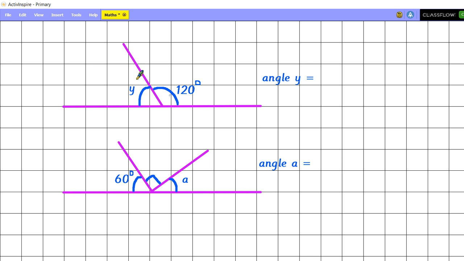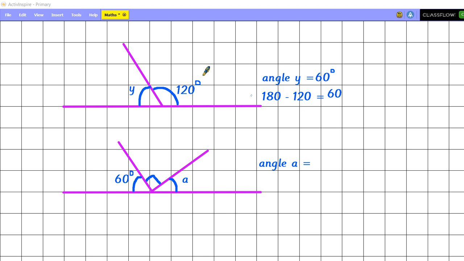If this little bit equals 120, so I've got 180 as a total, and I am getting rid of this 120 to give me the angle of y. So the calculation that I need to do is 180 degrees minus 120 degrees, okay? Then you very quickly work out the answer to that, and that will give you this answer, okay? Off you go.